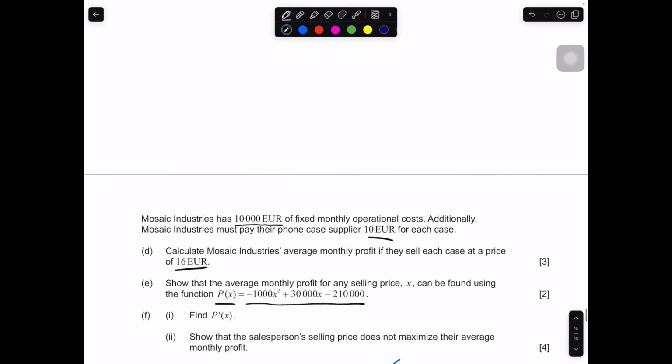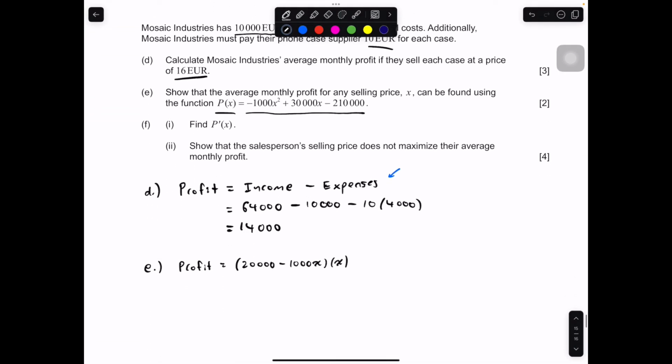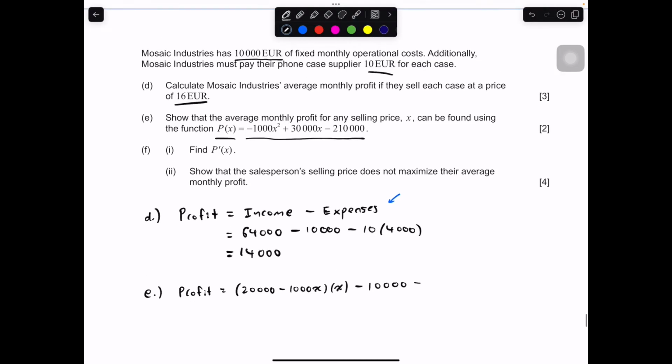Okay. They're still going to need to pay $10,000, and the other expense is the price per case, which is $10, times the number of cases that will sell.